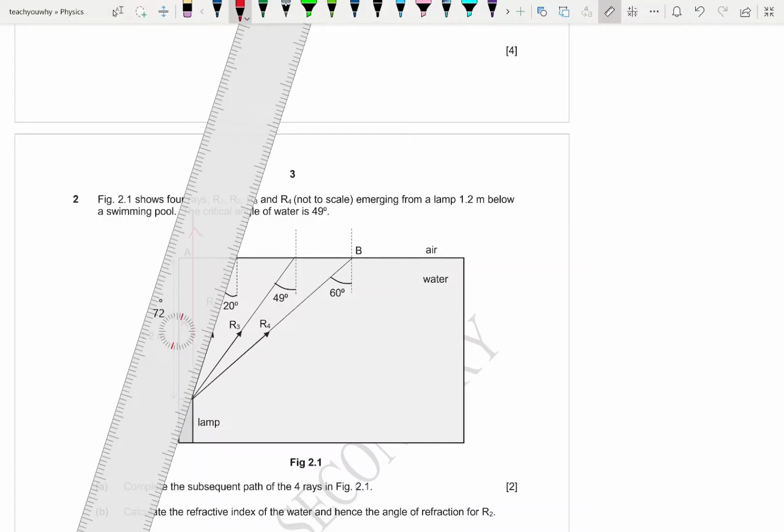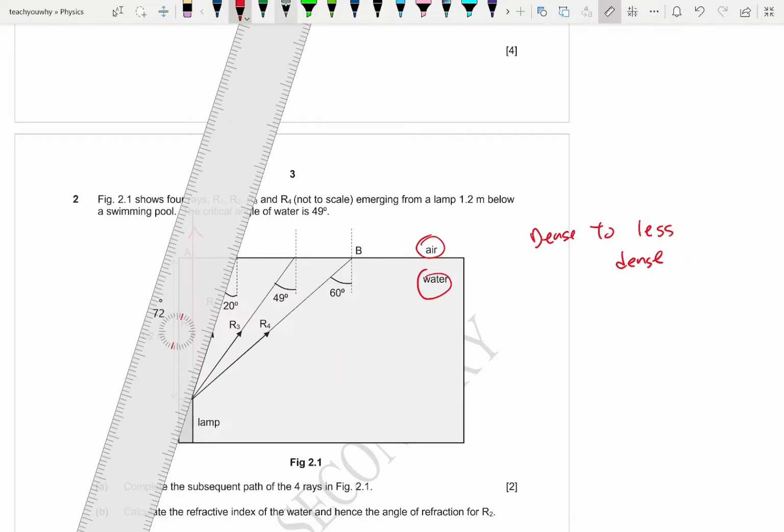This is water to air, so it's from dense to less dense. What will happen from dense to less dense? The light will refract away from the normal. Now, what does it mean by away from the normal?